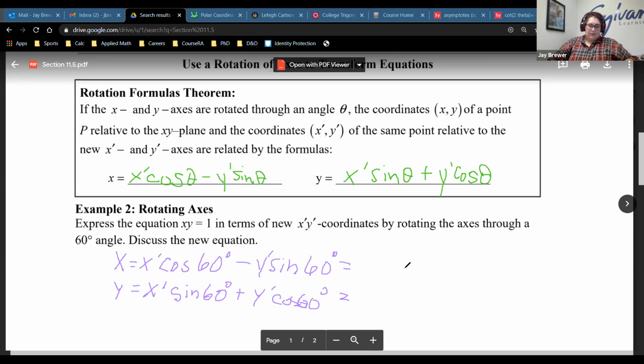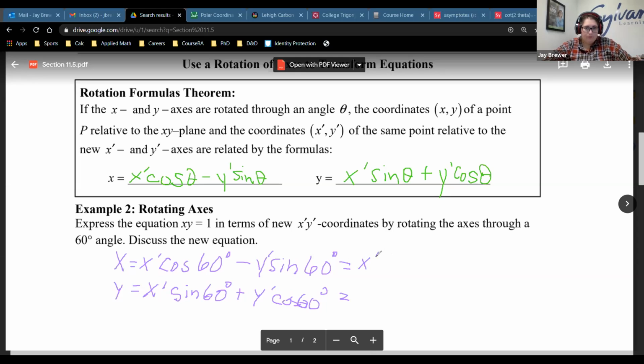What do you think your next step's going to be? What does it make sense to do? Simplify the trig functions.